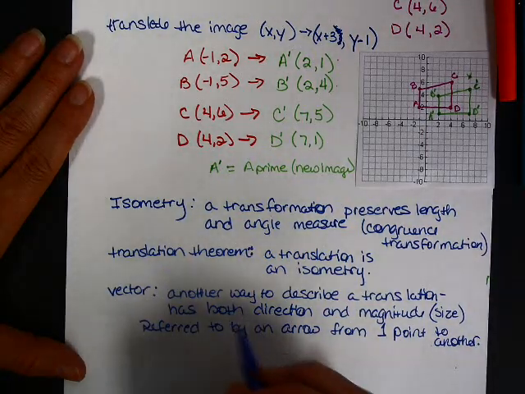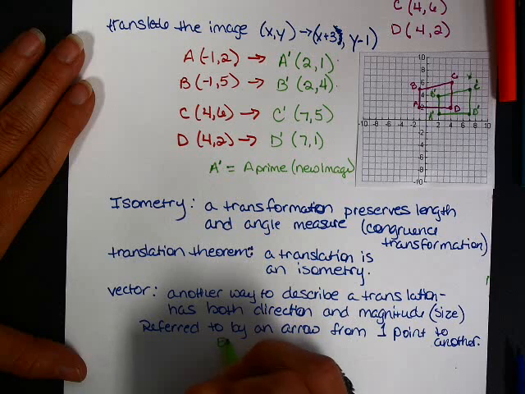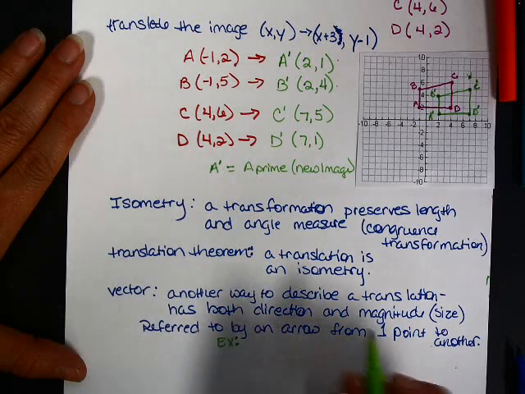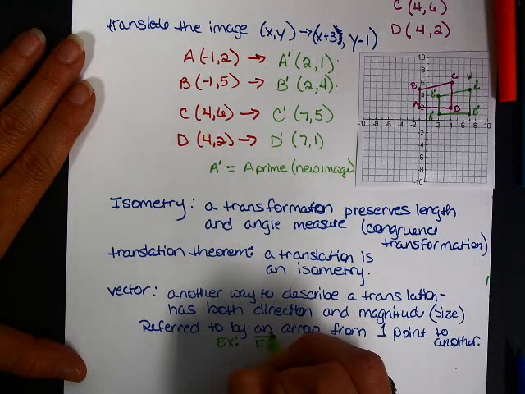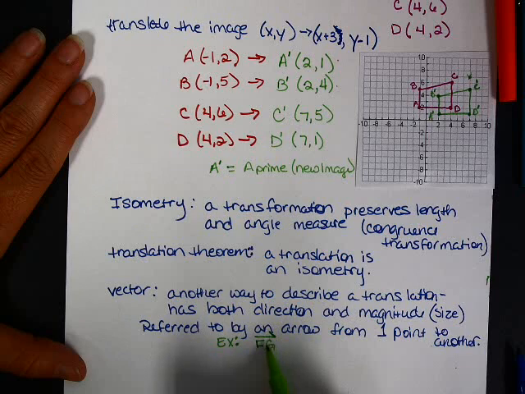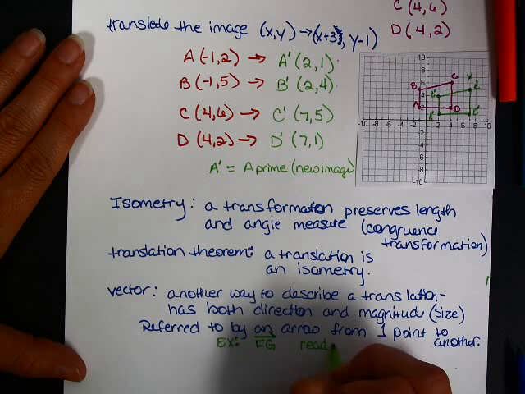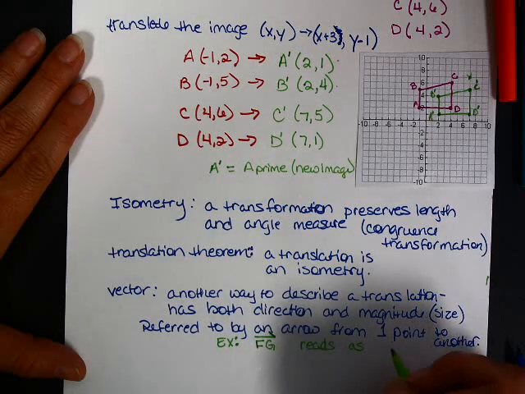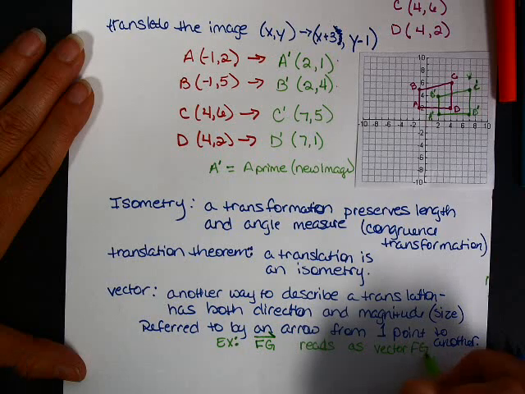Okay. I'm going to get another color here and give you an example. If you were to see FG with only a half arrow on top, that would read as vector FG.